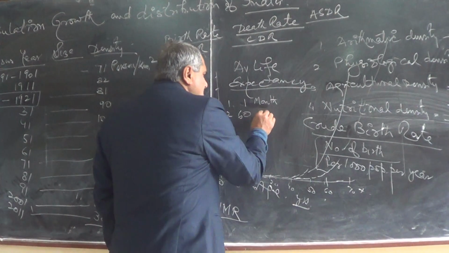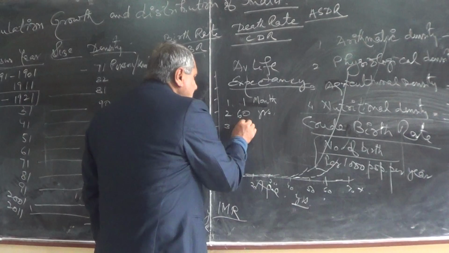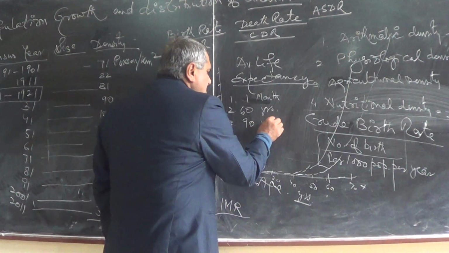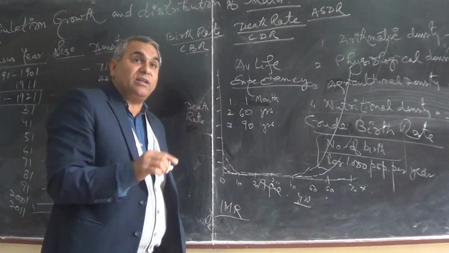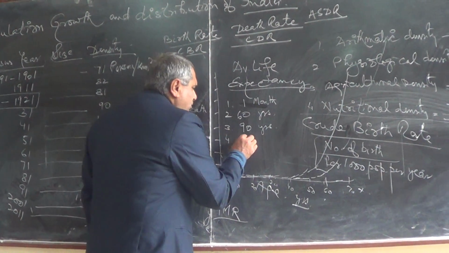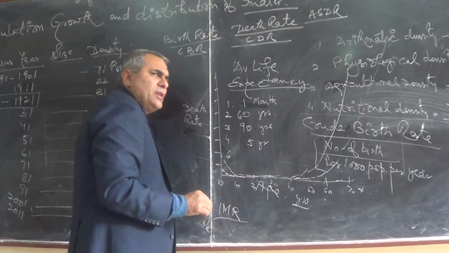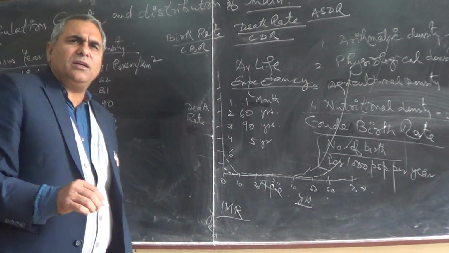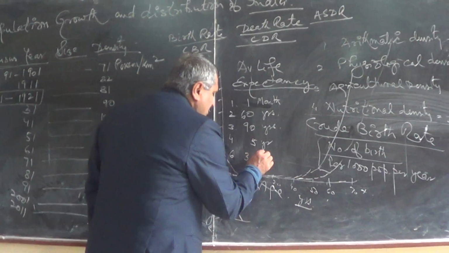The third death was a 90 year old person, the third person who died in the village in 1 calendar year. The fourth death was a 5 year old child. The sixth death was a young lady of say 35 years, suppose.